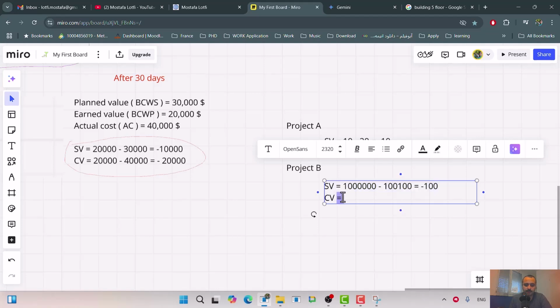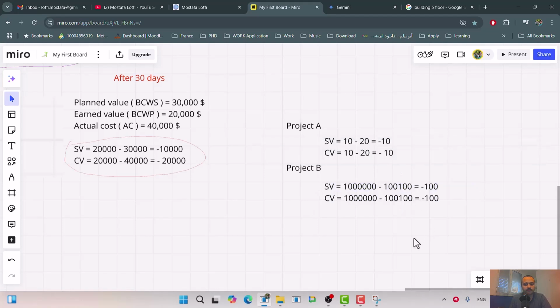Same applicable for CV, minus 100,000. Now look at these two projects. One is saying SV and CV is minus 10. Project B is saying it's minus 100,000.